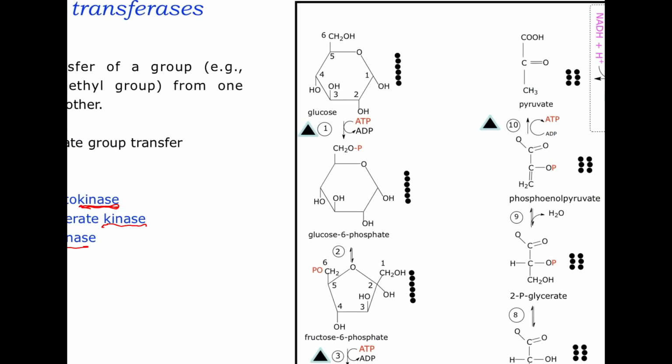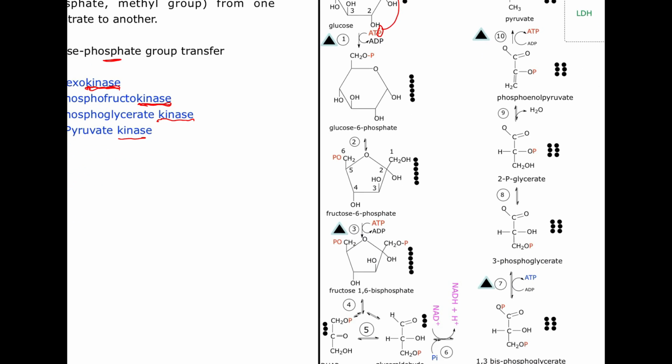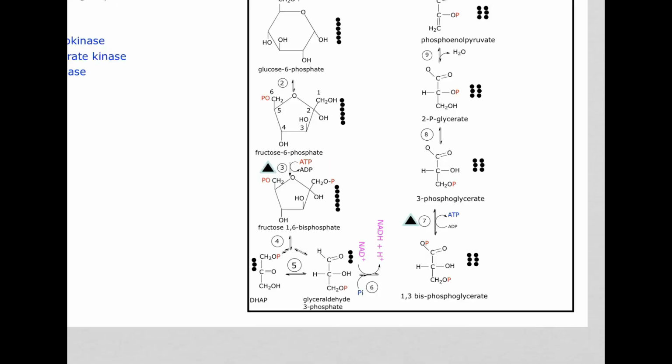In reaction 1, we see the phosphate is being transferred from the ATP substrate to glucose. In reaction 3, we see the phosphate being transferred from ATP to carbon number 1 of fructose 6-phosphate. In reaction number 7, the enzyme is named in the reverse direction.